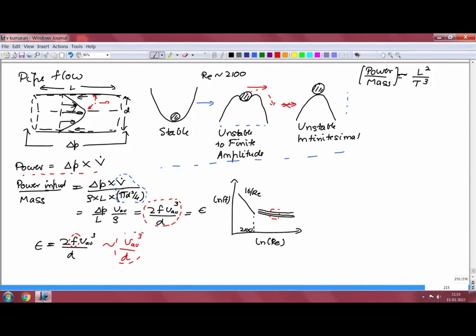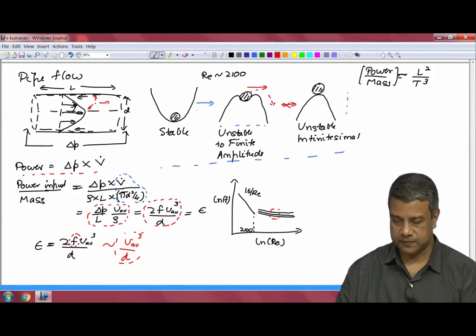Rather than working with the power, which is an extensive quantity, we had defined a power input per unit mass. That is equal to delta P by L times the average velocity divided by the density, or I had written it for you in terms of the friction factor: 2f times the average velocity cubed divided by the diameter.